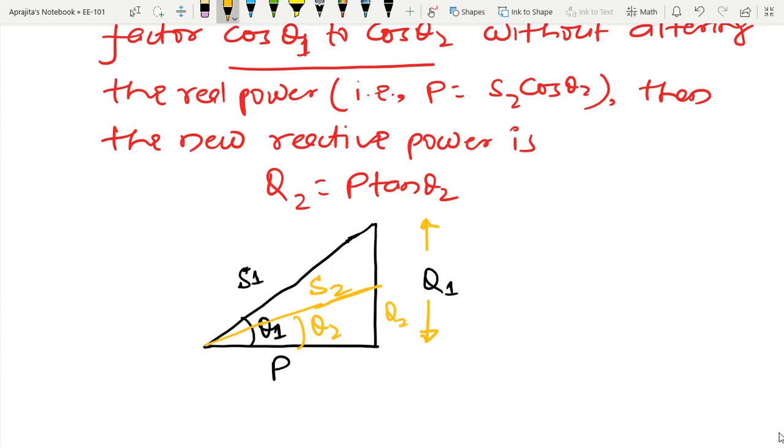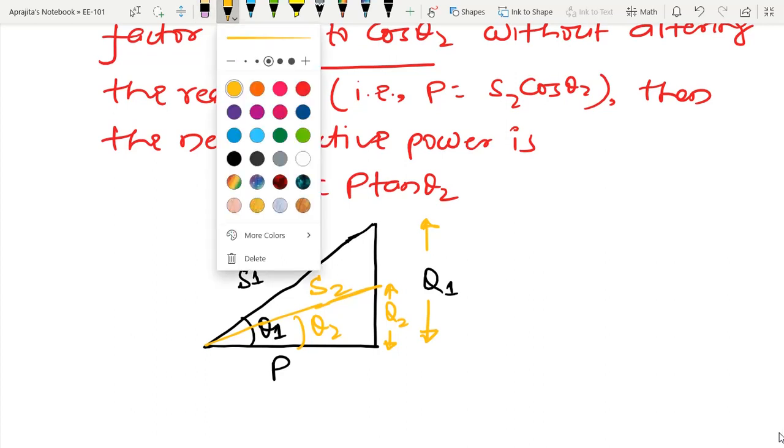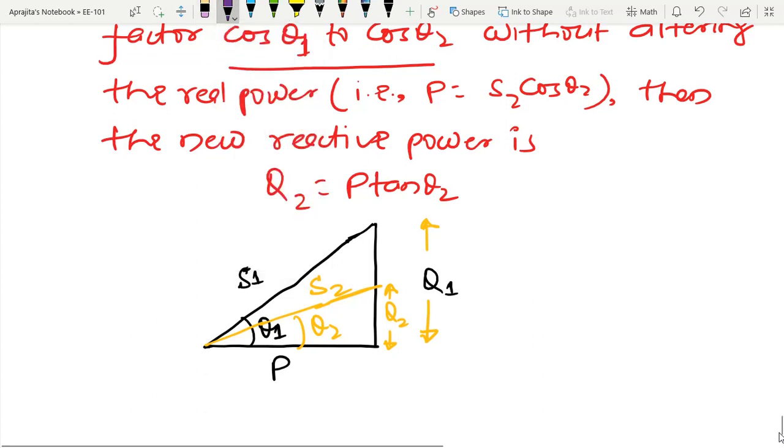Now I have reactive power, this Q2. So basically you can see that I have done this amount of correction. So this is basically our QC.